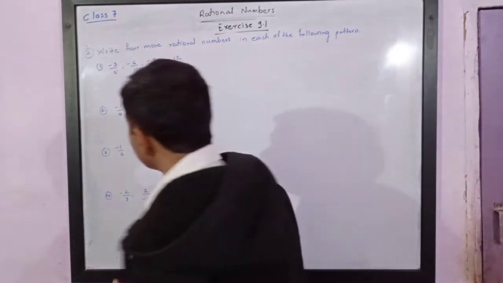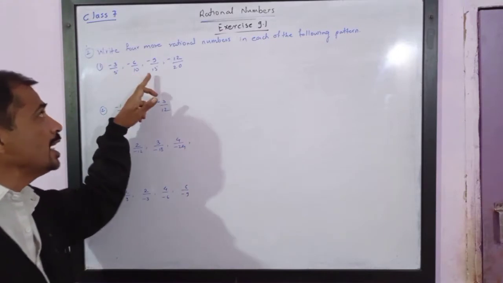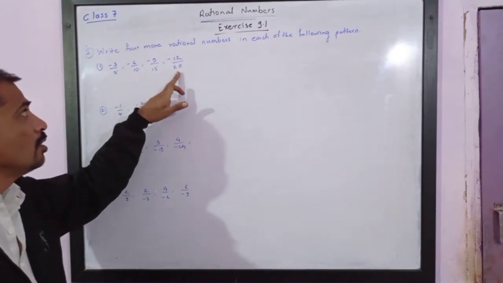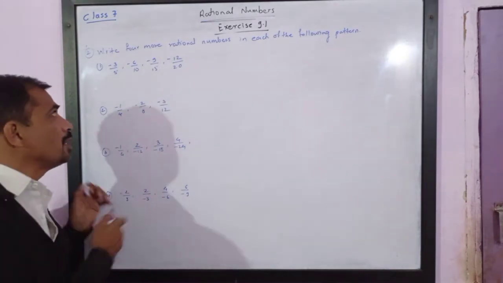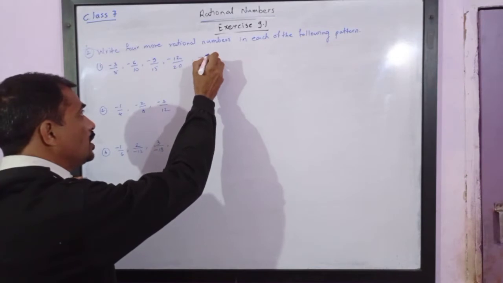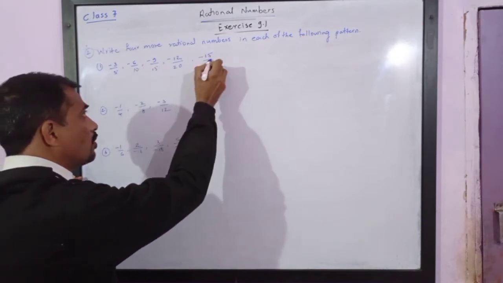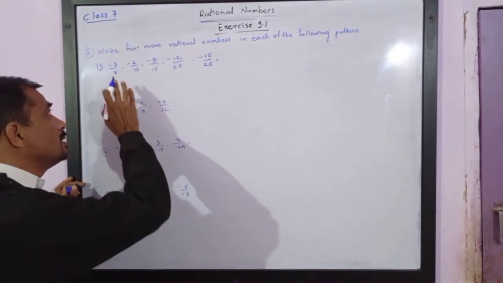So please note, here first is obtained by multiplying by 2, second is obtained by multiplying by 3, fourth is obtained by multiplying by 4 and the next will be obtained by multiplying by 5. So this is equal to 3 5s are 15 upon 5 5s are 25. Then next can be obtained by multiplying by 6.